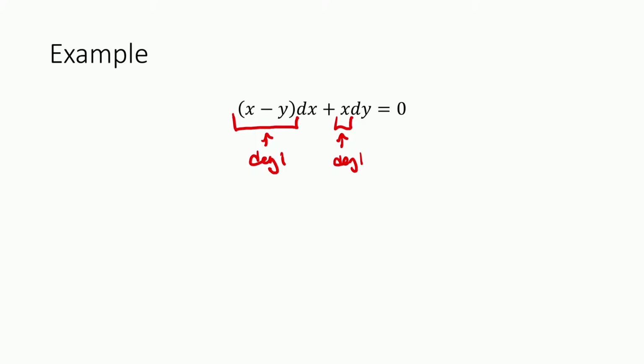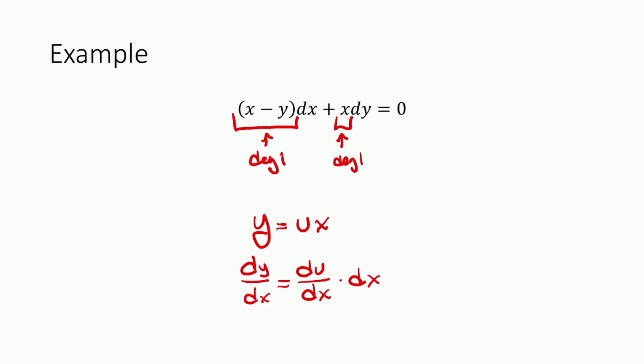So let's go ahead and try this out. We're going to use y equals u times x as our substitution. What is that going to do for us? It's going to be dy over dx is equal to du over dx times dx. Just a minute. That doesn't make any sense. Hold on a sec.